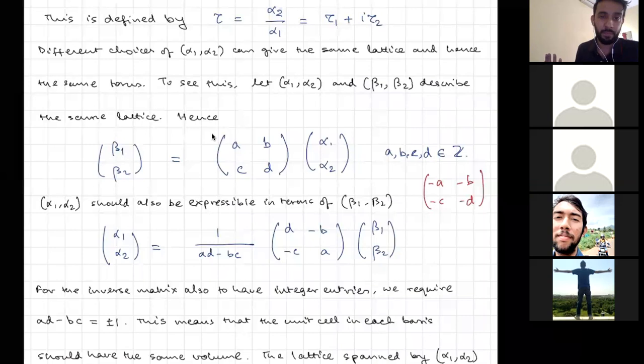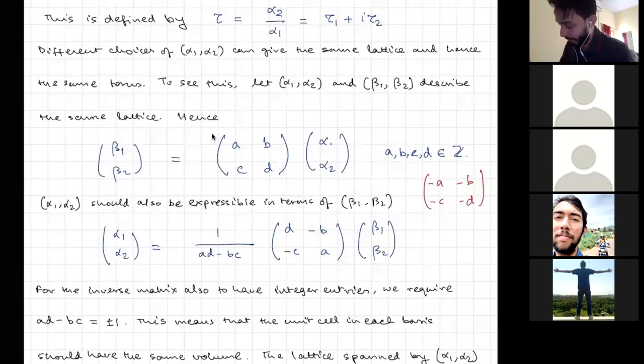I guess I mixed up a bit. If you want to go from alpha 1, alpha 2 to minus alpha 1, minus alpha 2, the ABCD will be minus 1, 0, 0, minus 1. That's right, not minus A, minus B.